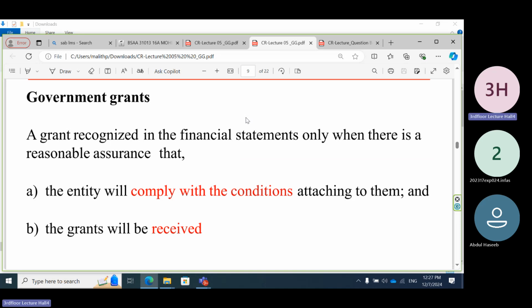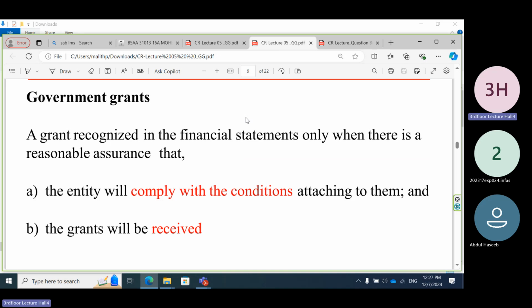If there is any specific cash inflow from outside, like from a government entity or foreign company or institution, that should be accounted for by the entity because it's an economic benefit to the entity. We need to decide how we are going to account for it.